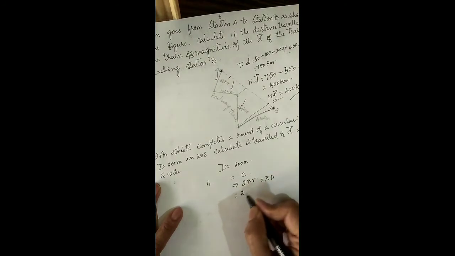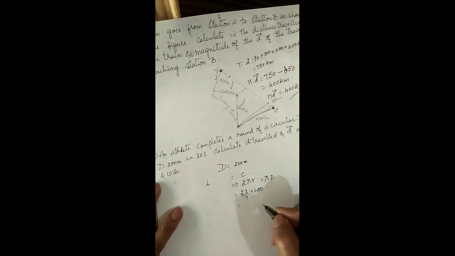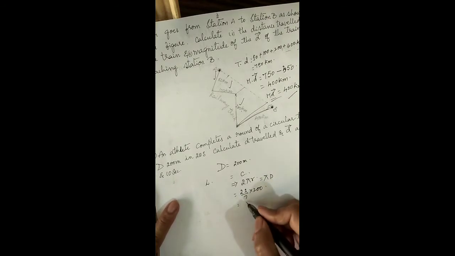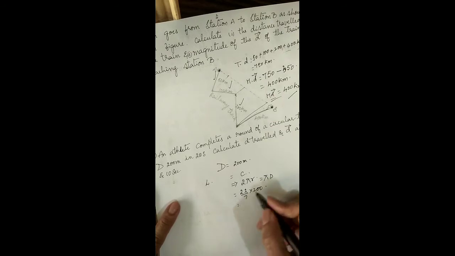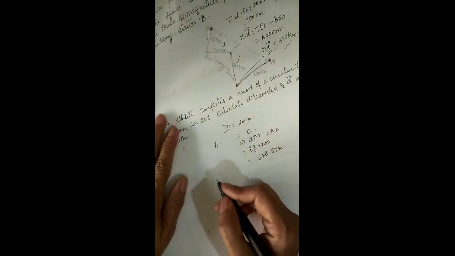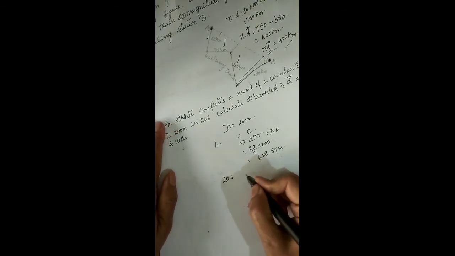Then 22 by 7 into 200, and simplify, you will get the total distance covered. It will be nearly 628.57 meters.